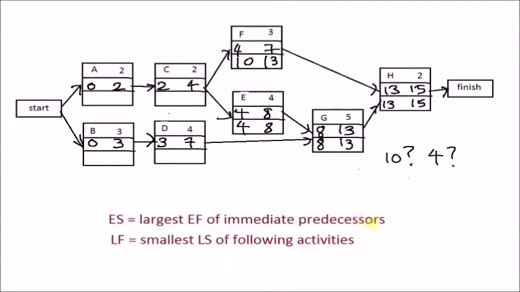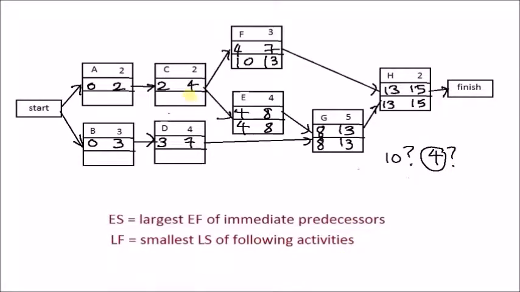Now we have another rule, which is: latest finish is the smallest latest start of the following activities. When we want to fill in the latest finish for C, the latest starts for the following activities are 10 and 4. According to this rule, we choose the smaller value, which is 4.